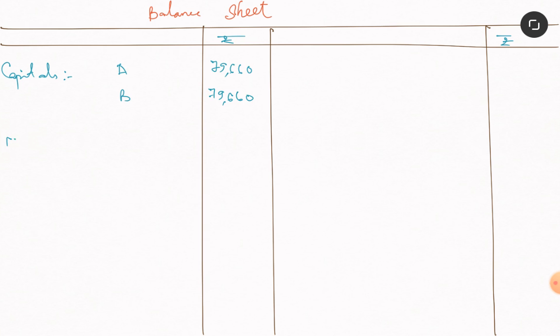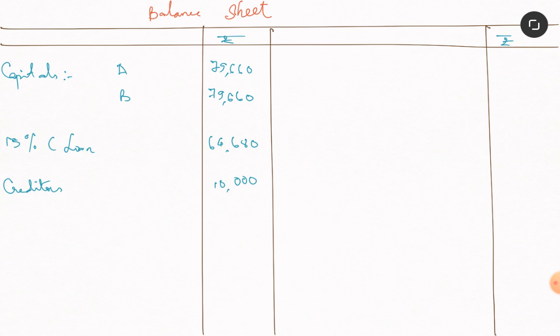And then partner C has a loan account, 15% C's loan, amount of rupees 64,680. And in the old balance sheet, we also have an amount for creditors, which is untouched. So creditors rupees 10,000. It is recorded at original figure in the new balance sheet.